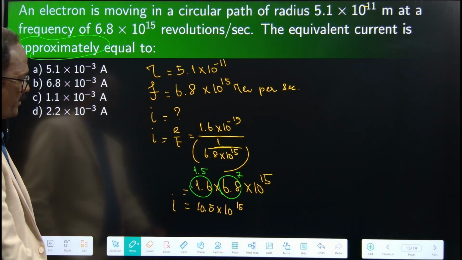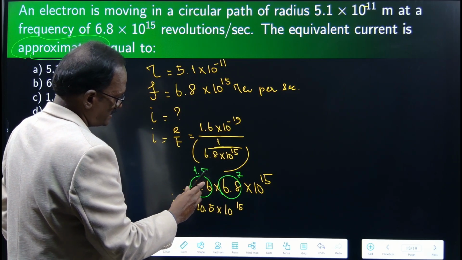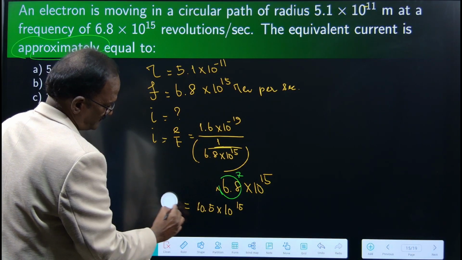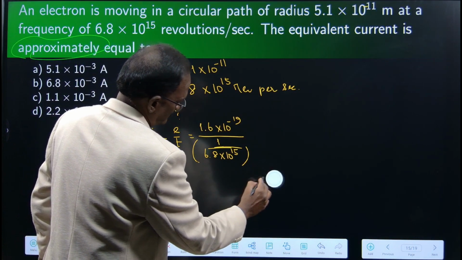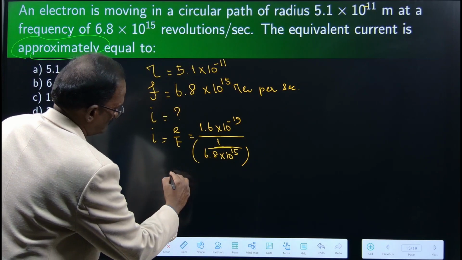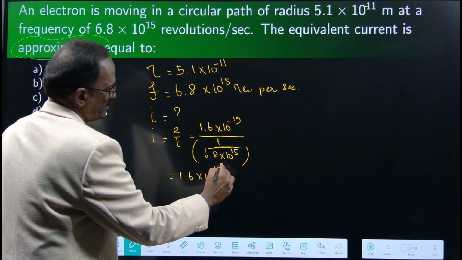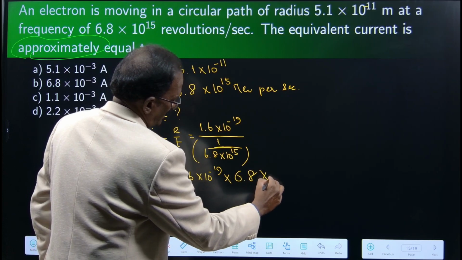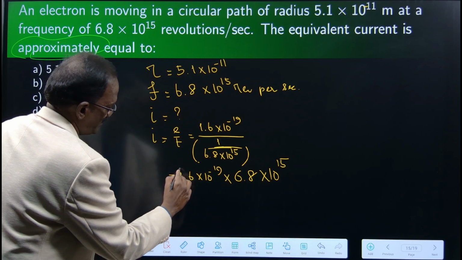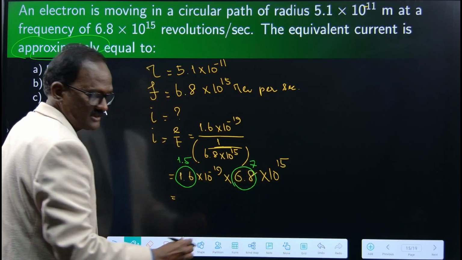Now, 1.6 × 10^-19, I have missed, sorry. 1.6 × 10^-19 into 6.8 × 10^15. As I previously discussed, I am making it as 1.6, this is 7.